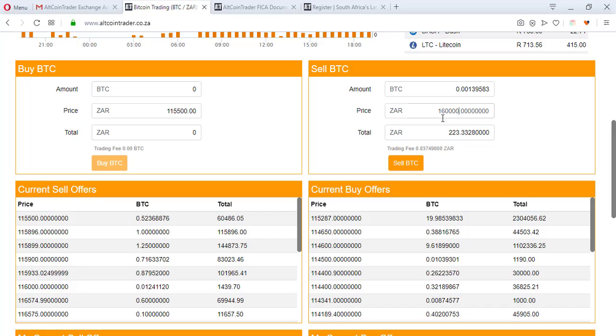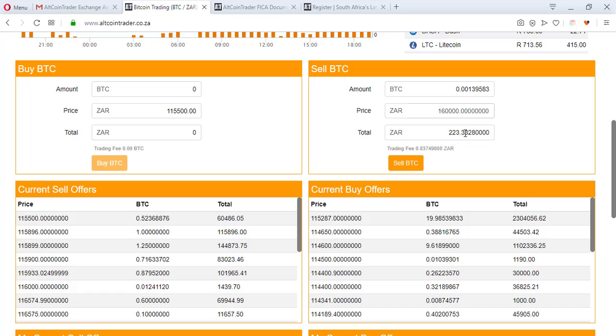You see? So instead of getting 160 rand, now I'm getting 223 rand. So my order will be put on the list. So my order will only get fulfilled if Bitcoin gets to that price.